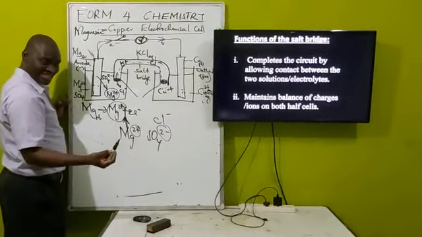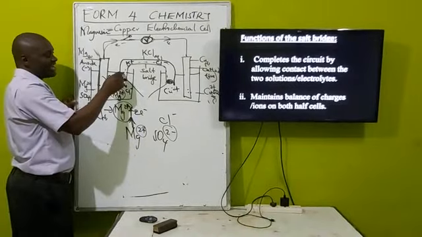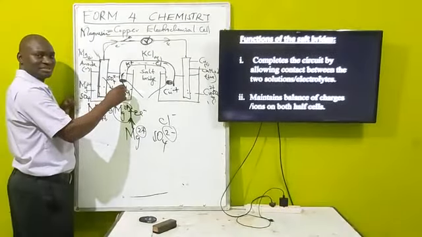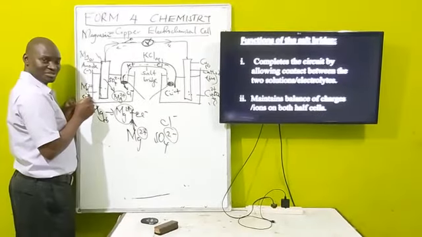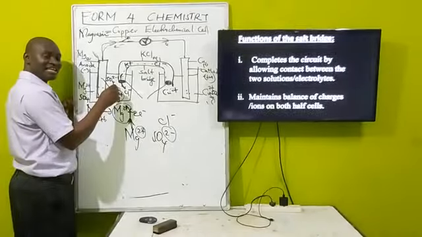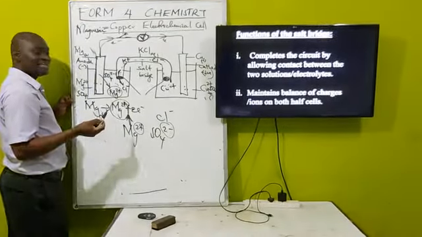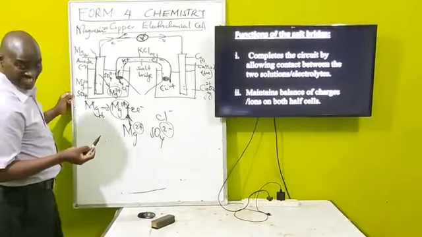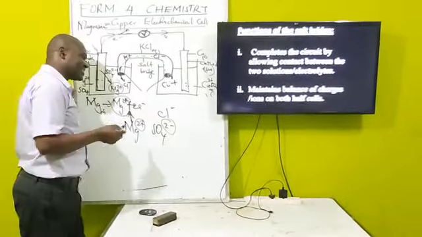To balance the excess positive charges, chloride ions will diffuse, because chloride ions are negative. The chloride ions will diffuse into this electrolyte to create a balance, what we call electrical neutrality: an equal number of positive and negative charges.